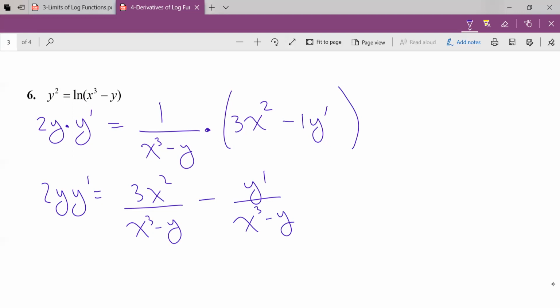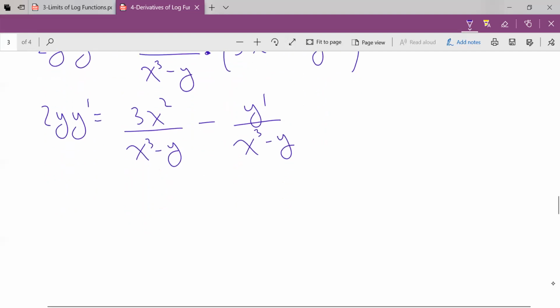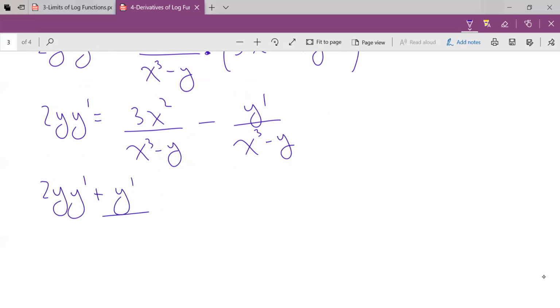Okay, now what I'm going to do is bring anything with a y prime to the same side. So I'm going to move all my y primes to the left-hand side. You can move them all to the right. We'll get the same answer, just our signs will be opposite of each other, just like that.